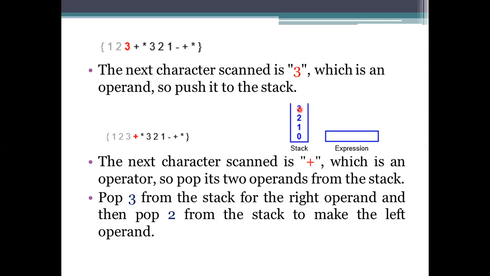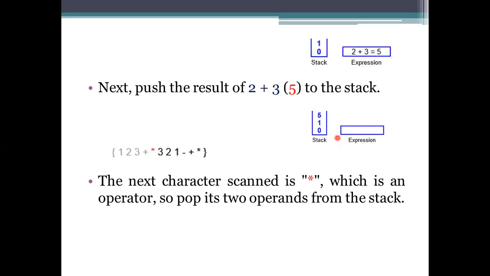This will be applied on the previously read 2 operands, which are 3 and 2. First pop the element at the top, which is 3, as the right operand, and then pop the 2 as the left operand. Then it adds the values and pushes the result back into the stack.